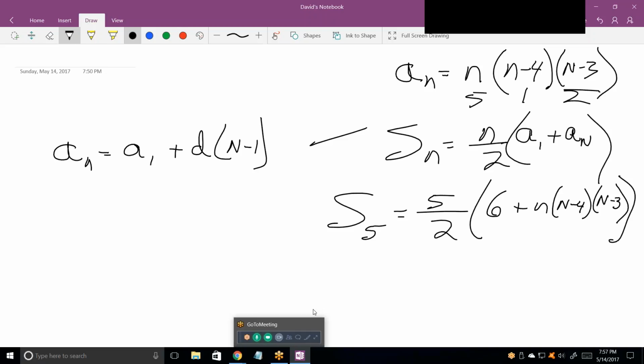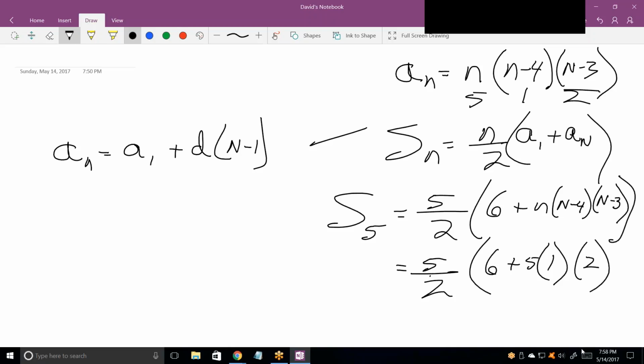We'll see if this comes out to be 20, I think, which is what I got when I added it up. We'll see what we get. 6 plus 5 times 1 times 2. That's 16. Divided by 2 is 8. That's 40.